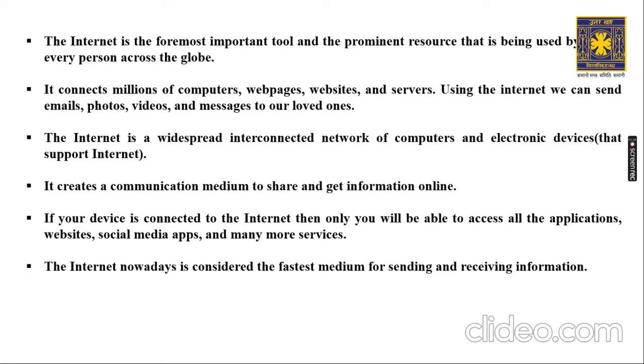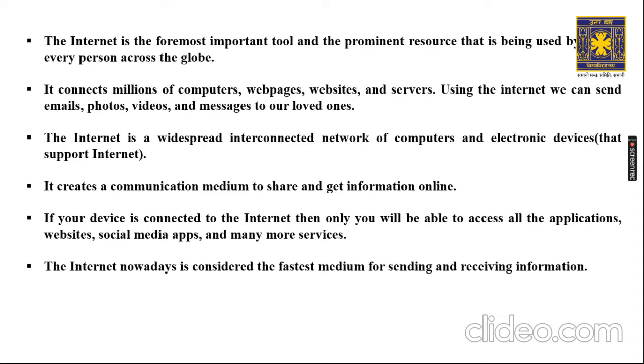So what is the internet? The internet is the network of networks. The internet is the foremost important tool and prominent resource being used by almost every person across the globe, because all the networks are interconnected via the internet. This whole world has the internet that connects all the LANs, all the networks of different organizations.